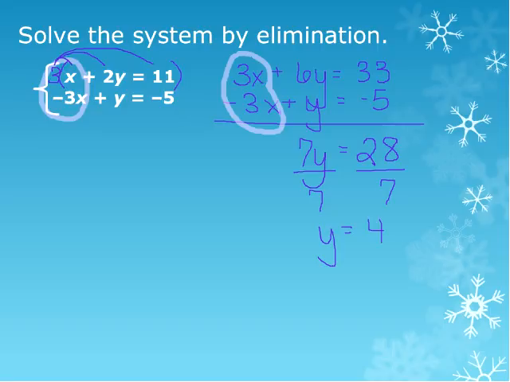Okay. The hardest part is over. The hardest part of this problem was trying to eliminate one of the variables, and you've done that. So now you have y equals 4. So now our steps go back to like they always have been, and we have to substitute to find x. So do you want to substitute into equation 1 or equation 2?